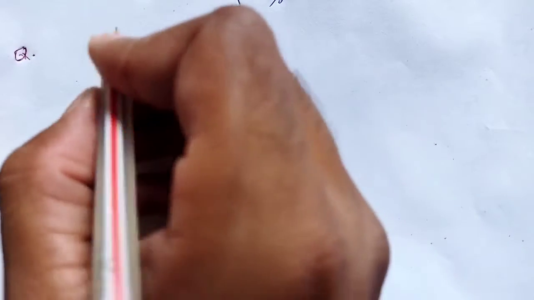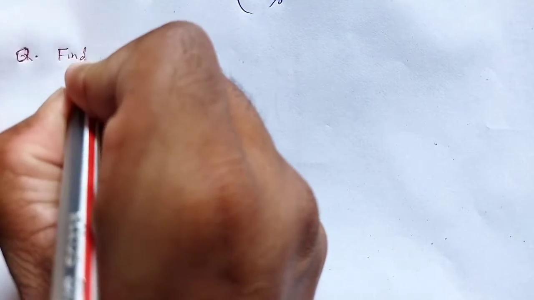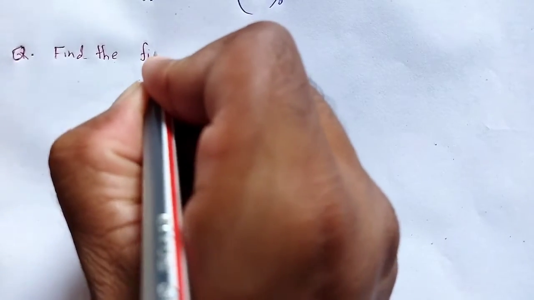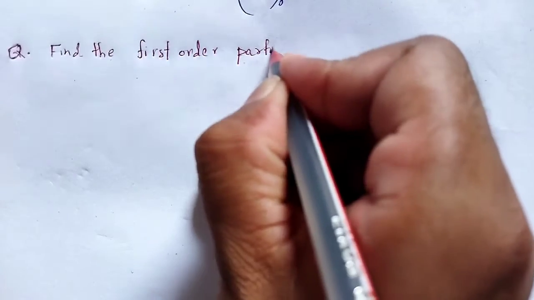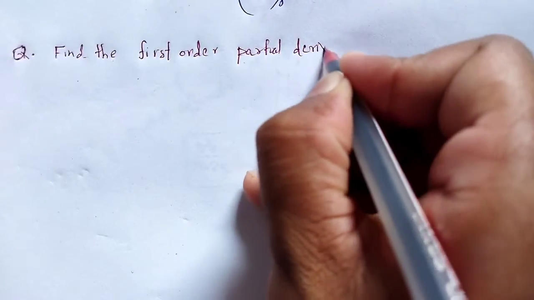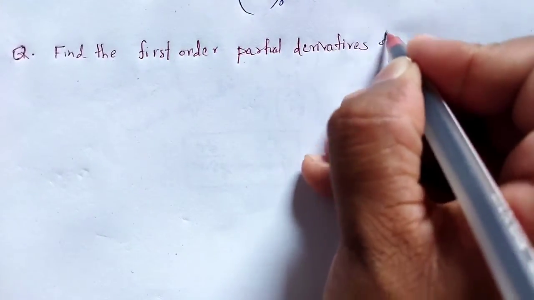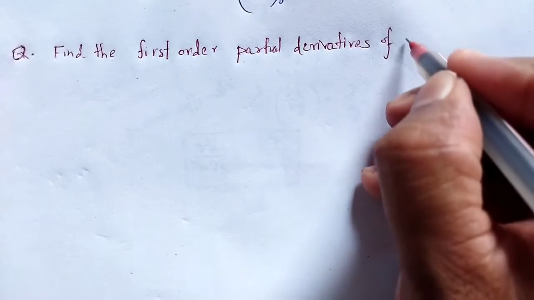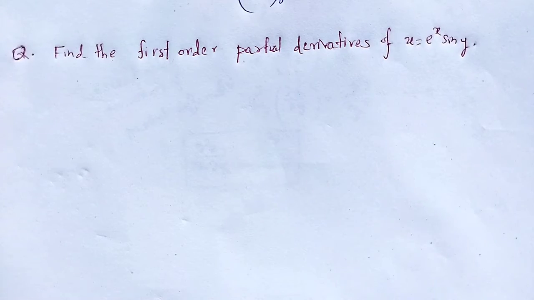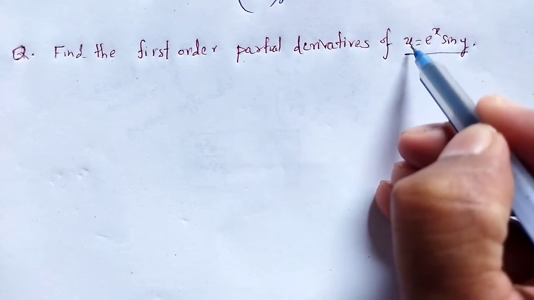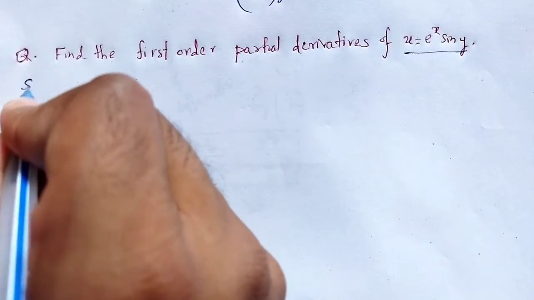So the question is: find the first order partial derivatives of the function u is equal to e to the power x sin y. Very easy question.